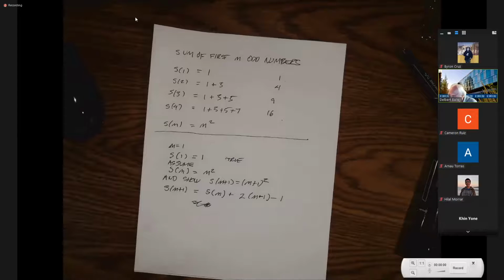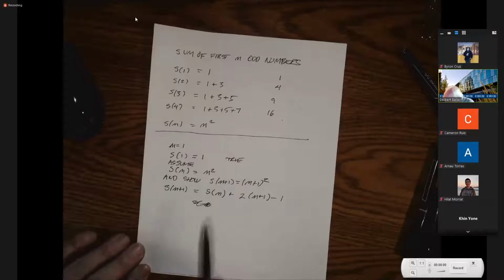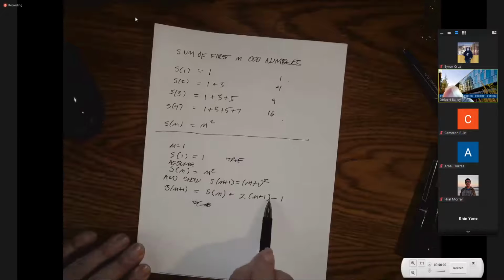Okay, and now here's where our assumption is going to come in. This, as I said, is just algebra.